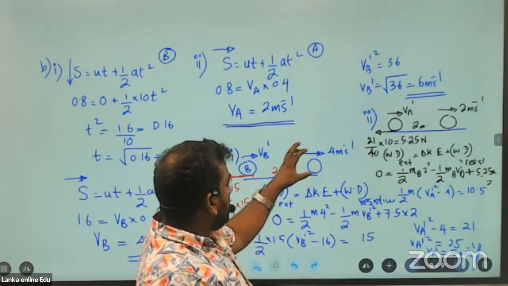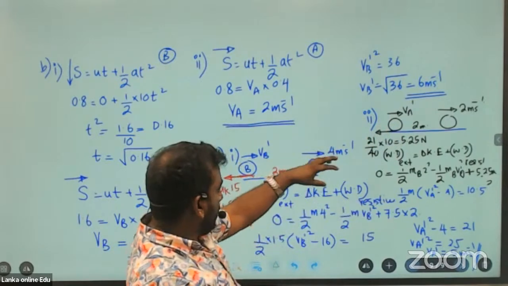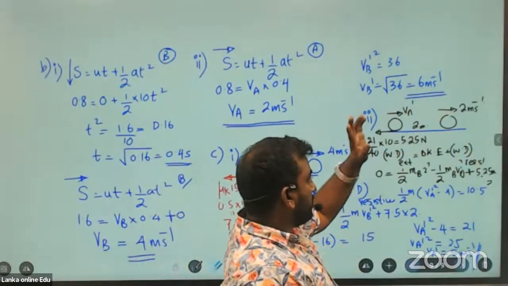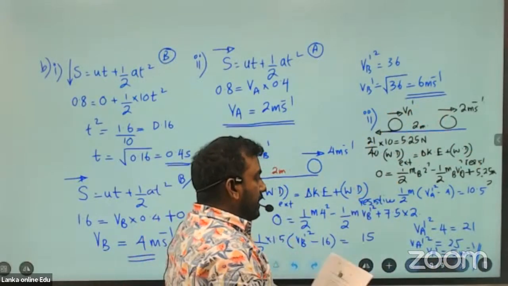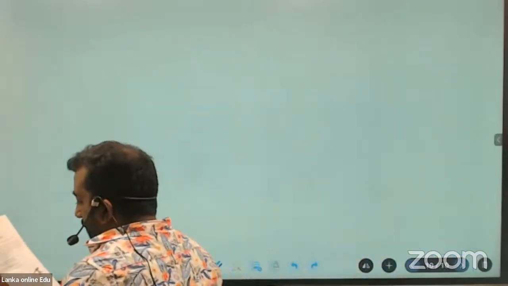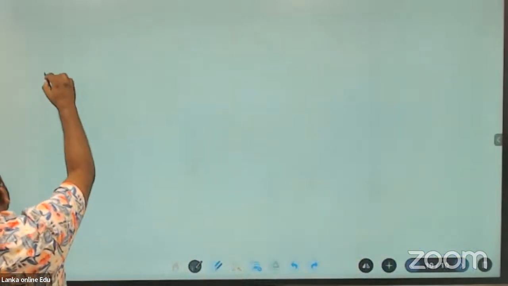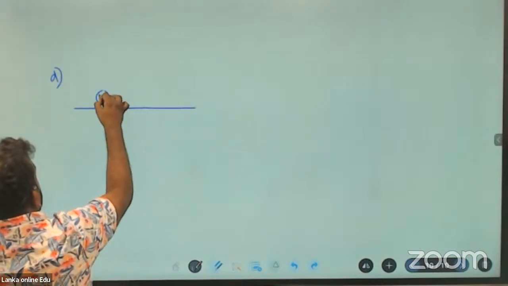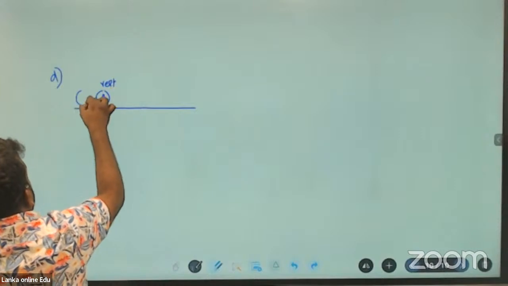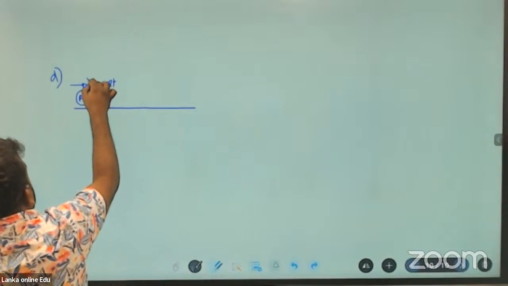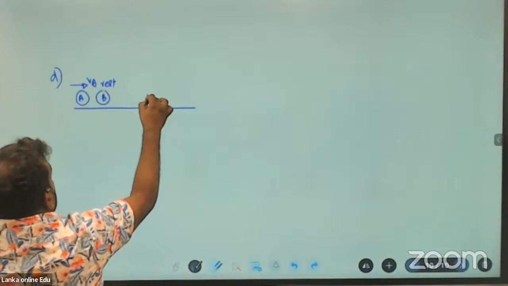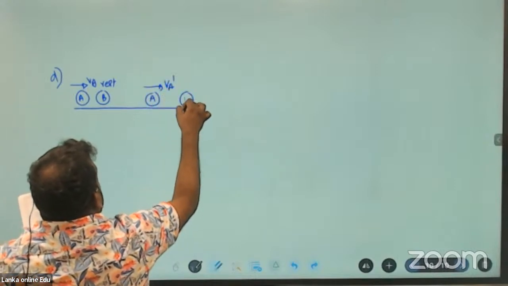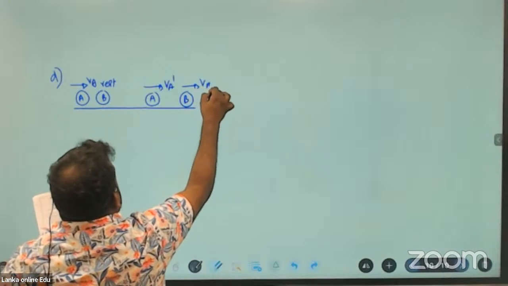Now apply for the collision, part D. B is at rest, A is coming with velocity vA. After collision, A will travel with vA dash and B will travel with vB dash.